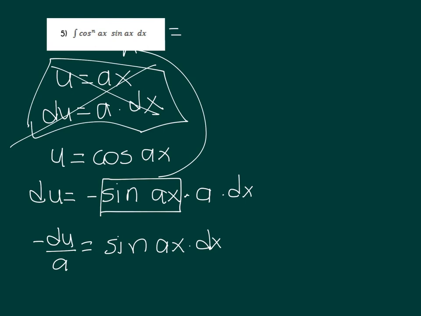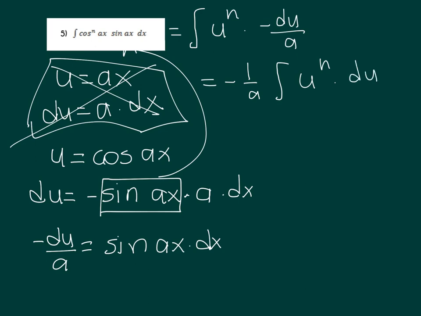So this will be the integral of u to the n times negative du over a. And if you think that a is a constant, you can write the constant out of the integral sign. So you have negative 1 over a times the integral of u to the n times du, and using the basic rules, you know that the integral of u to the n is u to the n plus 1 over n plus 1 plus c.